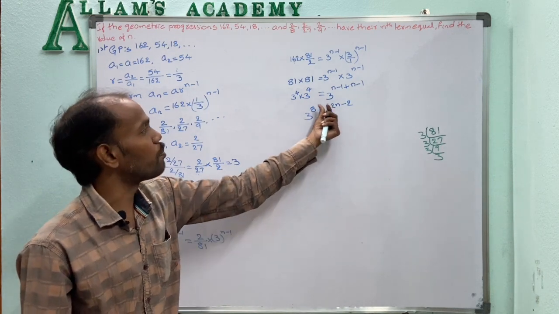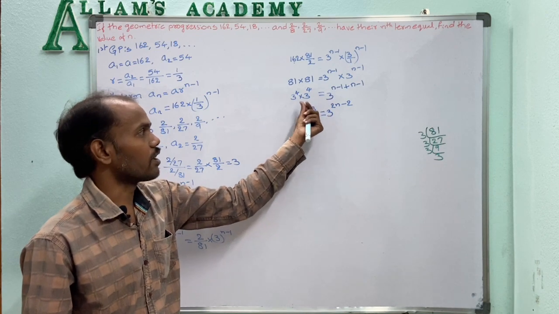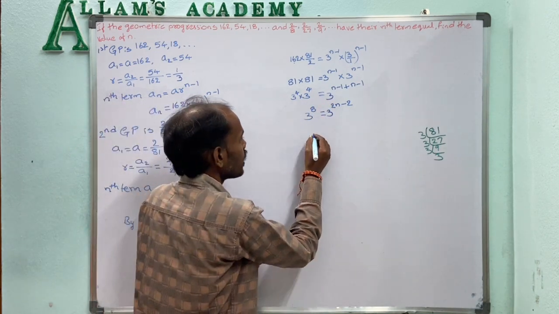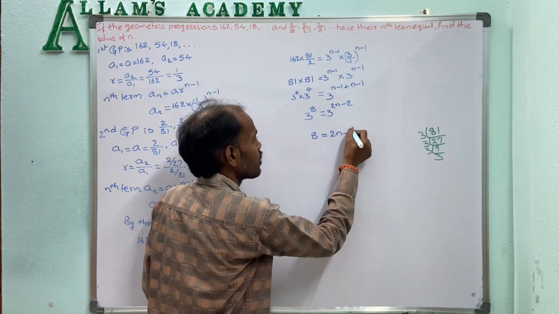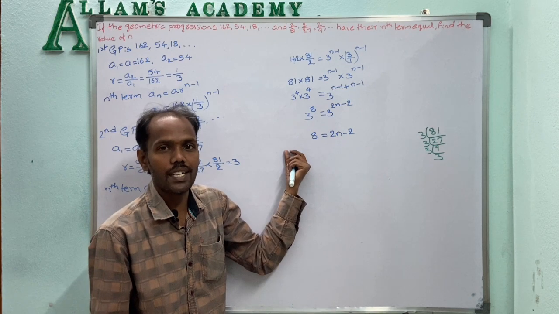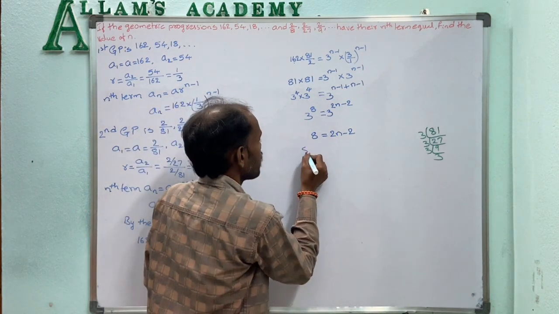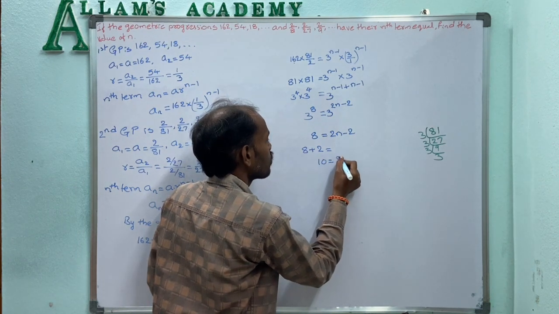Now in both, we observe the bases are equal, so the exponents are also equal. So 8 is equal to 2n minus 2. Now the minus 2 on the RHS is transferred to the LHS as plus 2. 8 plus 2 is equal to 10. So 10 is equal to 2n.